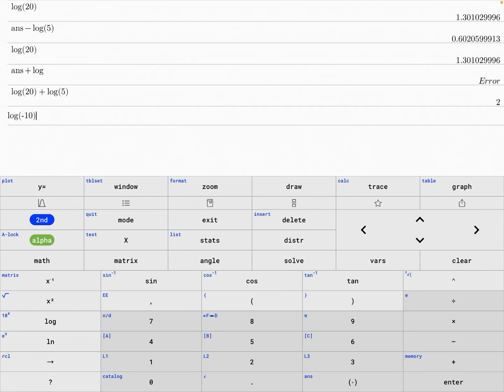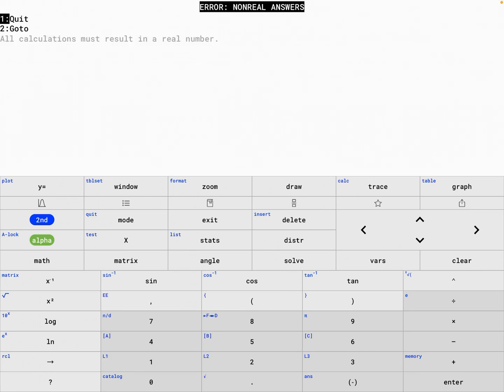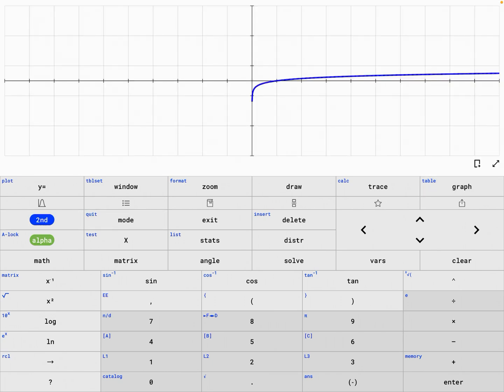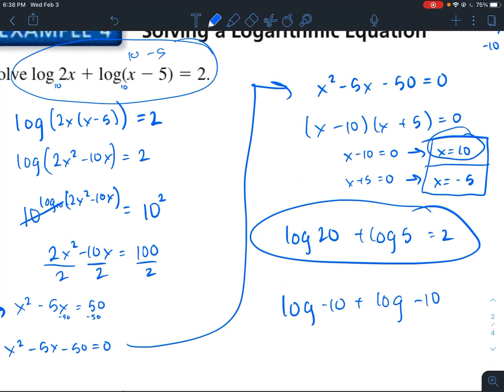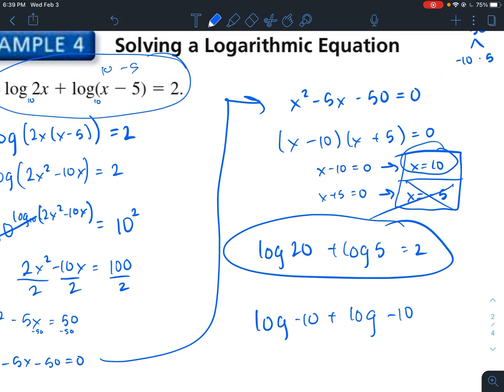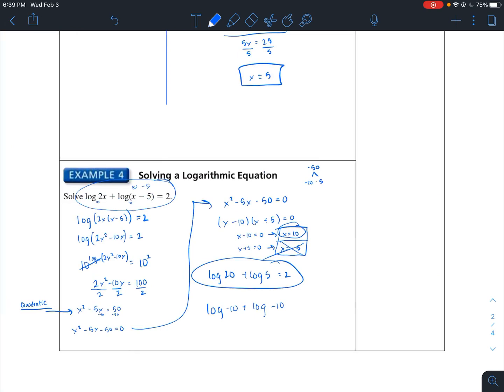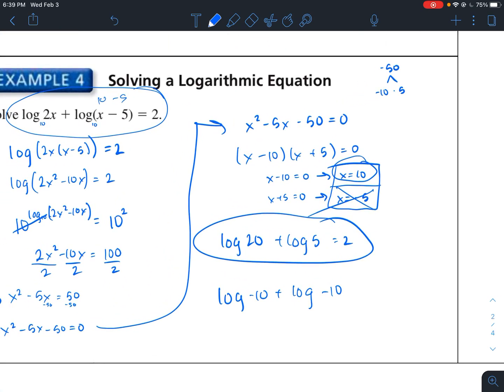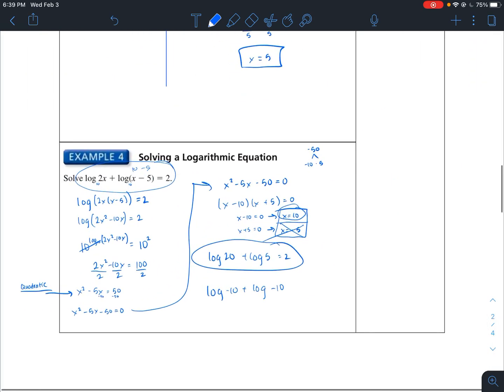If I plug that in, do enter, you'll see that I get an error. And again, that's because I can't take the log of a negative number. Because if I go back to my graph here, notice that the log function does not exist for negative numbers. So that means x equals negative 5 is not a solution. Only x equal to 10.